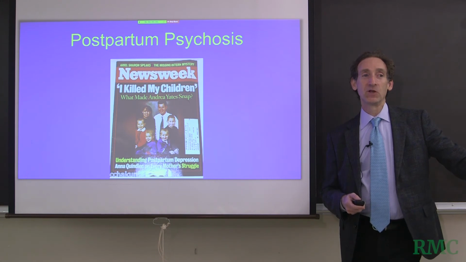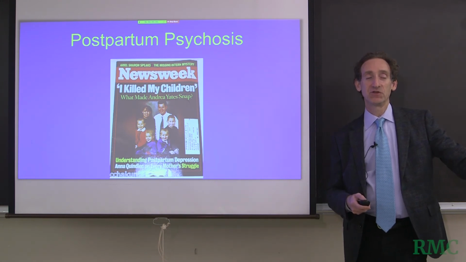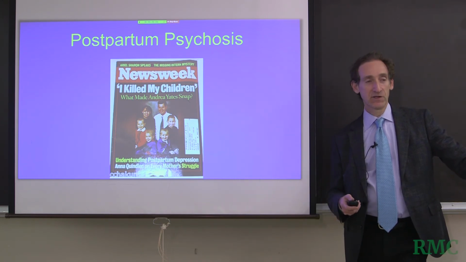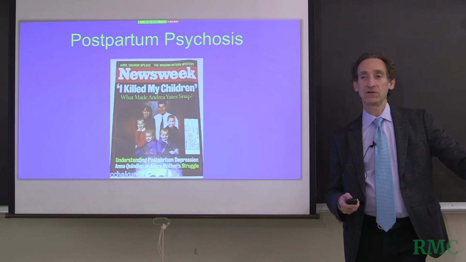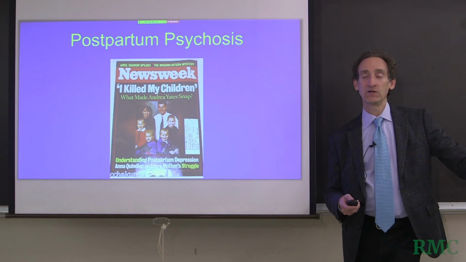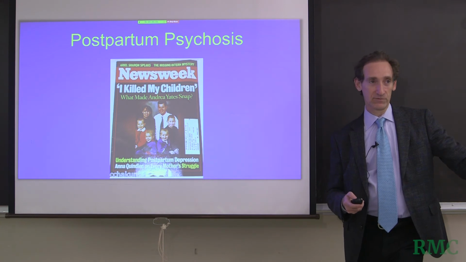Well, in the last baby that she delivered, shortly thereafter, predictably, because she'd had these episodes before, she became psychotic. She drove all of her kids to a lake and drove the car into the lake, drowning and killing herself and all of her kids.